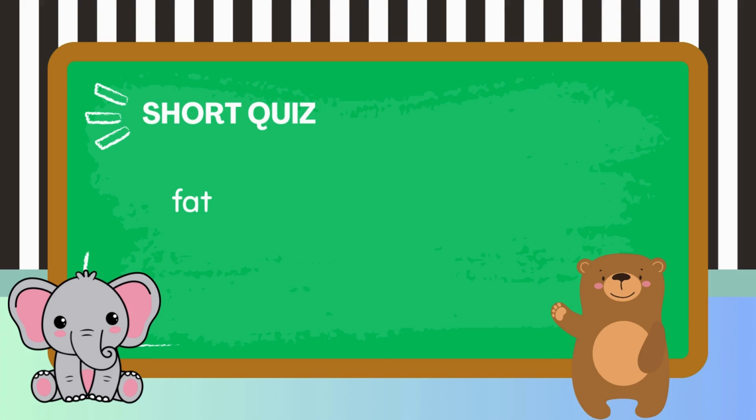Question number 3. We have an elephant and a brown bear, and the adjective given is fat. I wonder, what is the comparative form for adjective fat? Do you know the answer?